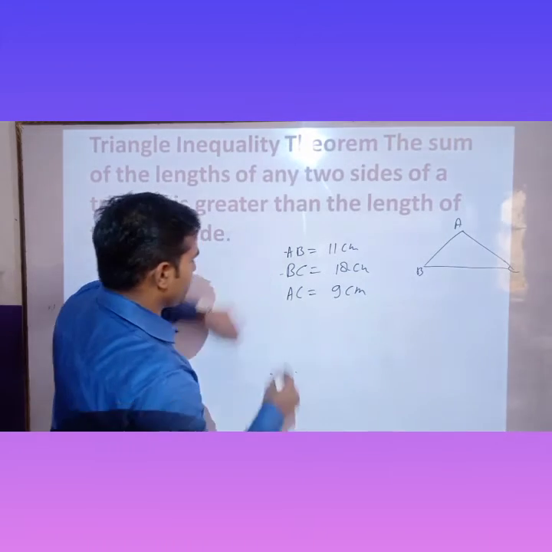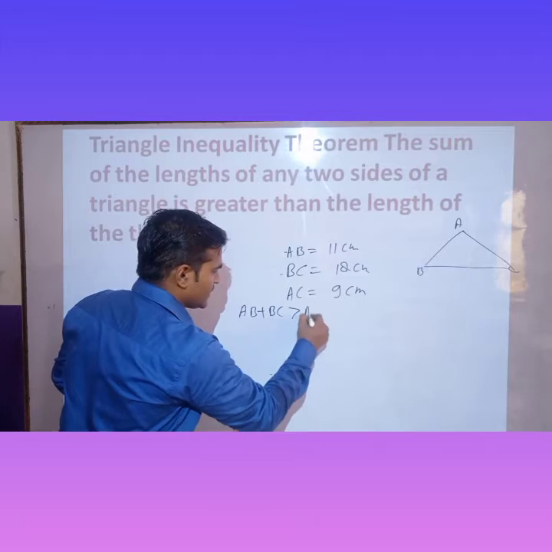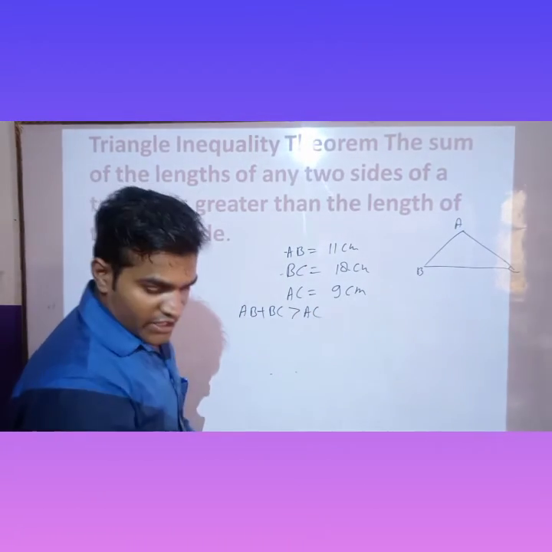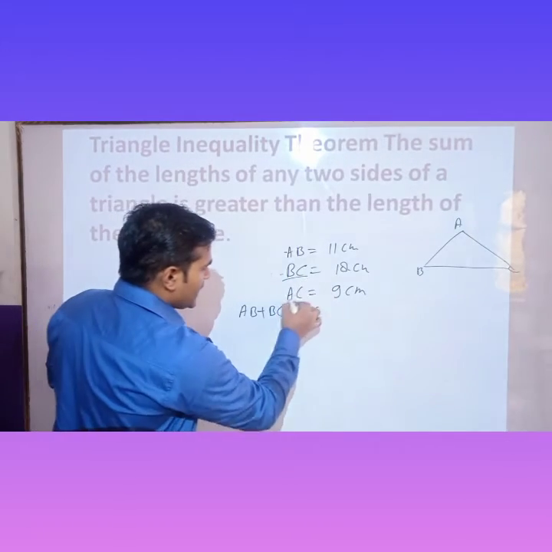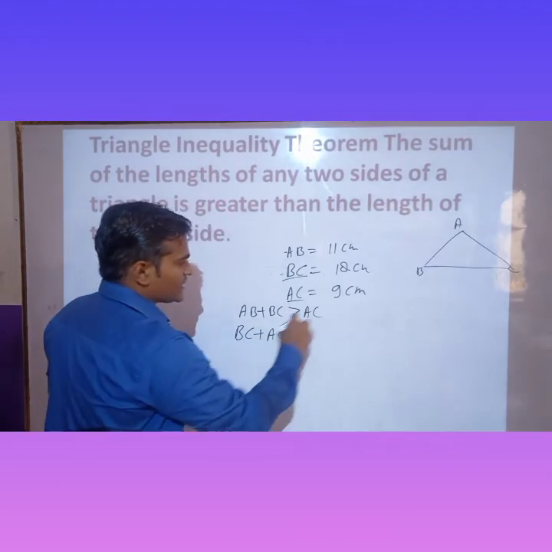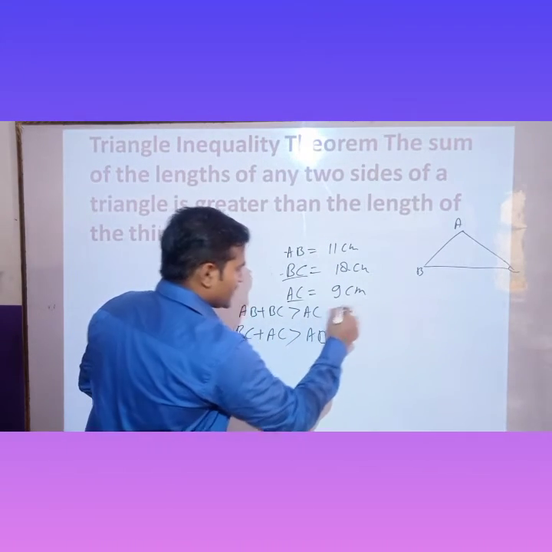If we take the next one, AB plus BC is greater than AC. When we take another two sides, BC and AC, BC plus AC is greater than AB. You can check it here.